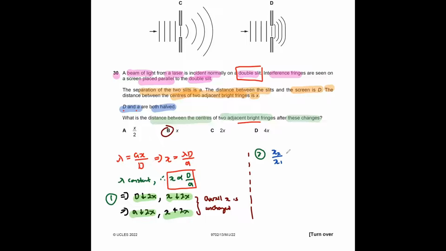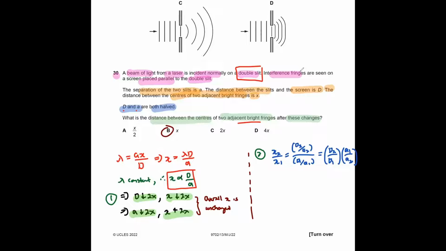X2 to X1 is the same as D2 over A2 over D1 over A1, giving you D2 over D1, A1 over A2.